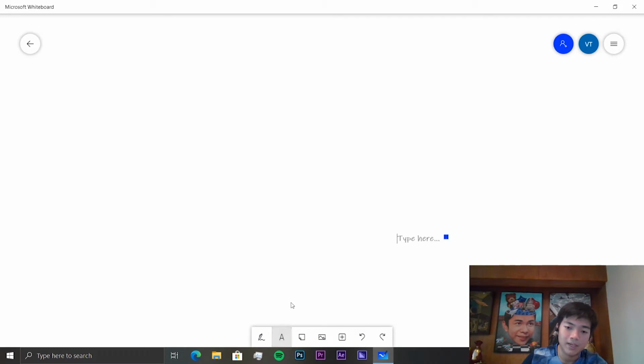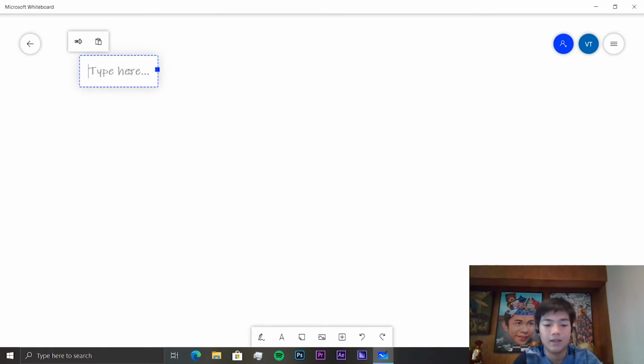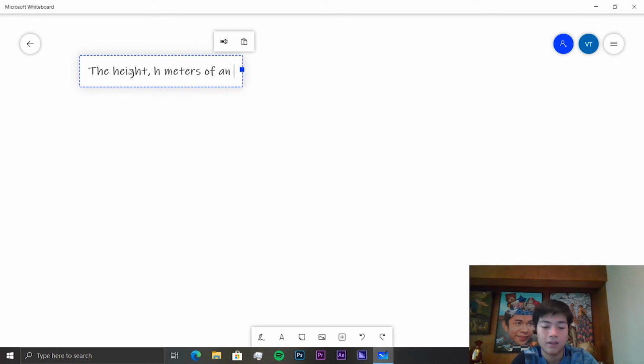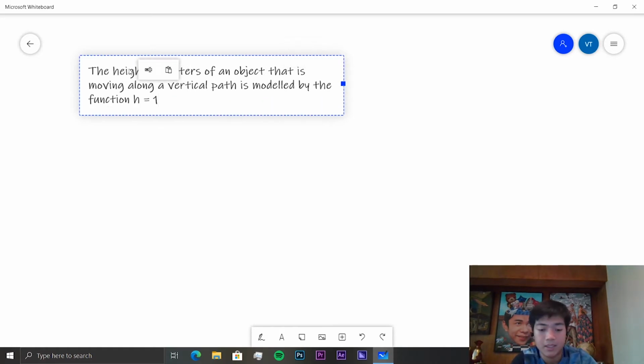So we have the first problem as the height h meters of an object that is moving along a vertical path is modeled by the function h is equal to 112 plus 96t minus 16t squared, where t is the time in seconds.